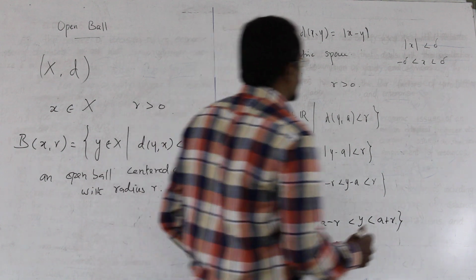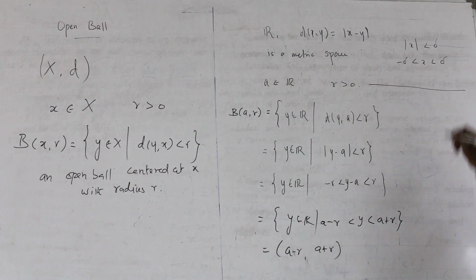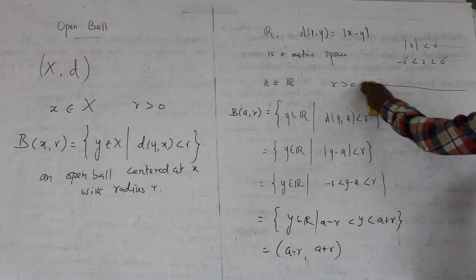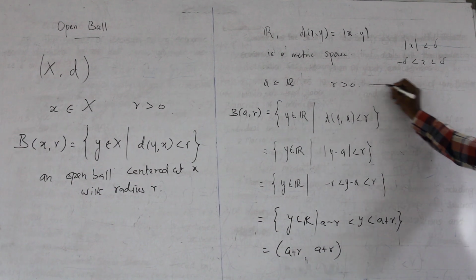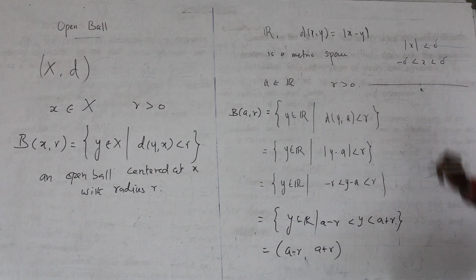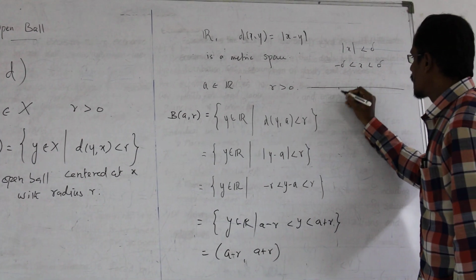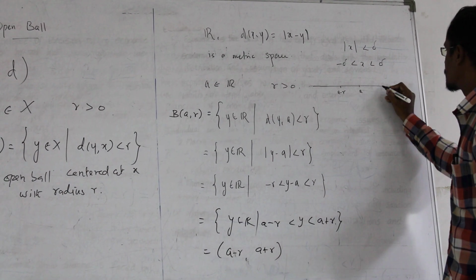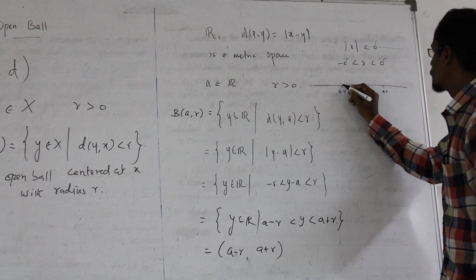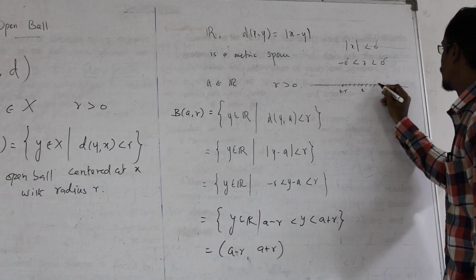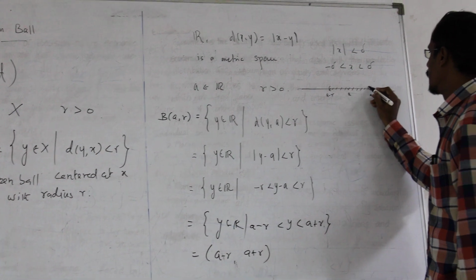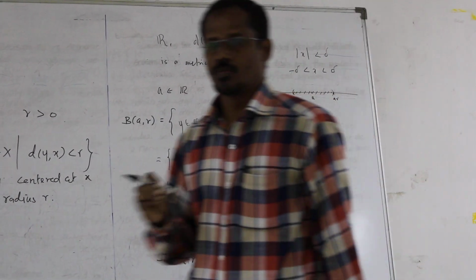What it actually is: you take the set of real numbers on the real line. On that real line, you have the point a, and if you give r positive, then a - r is a point here, a + r is a point here, and all the points between a - r and a + r come as an open ball.